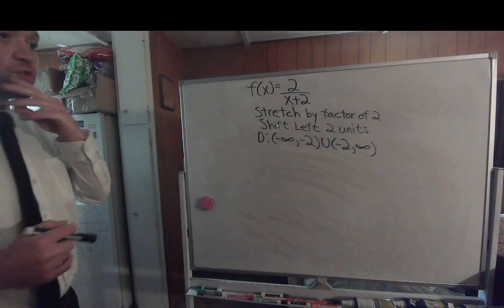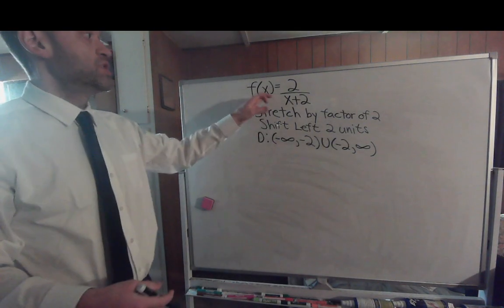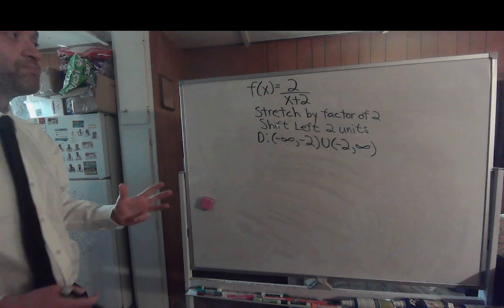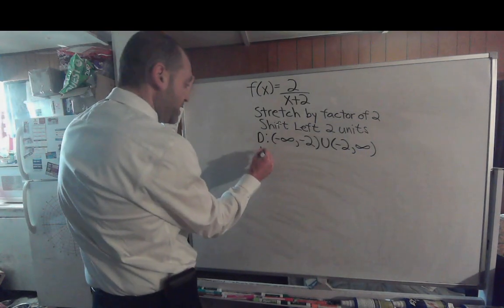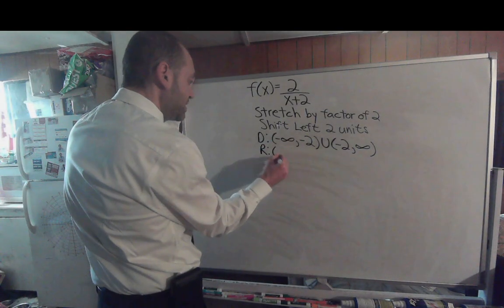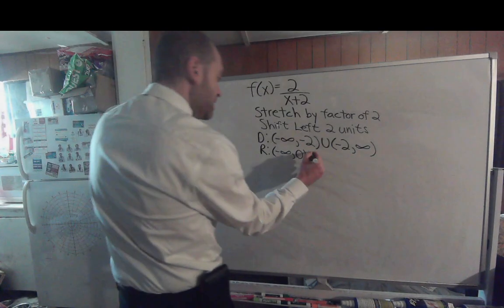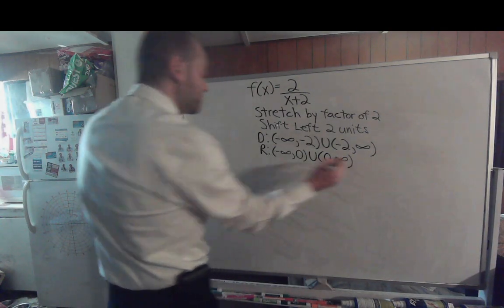Now what about your range? Your range, once again, is going to get infinitely closer and closer to 0. However, it'll never reach it. So your range would still stay from negative infinity to 0 non-inclusive in union with 0 to infinity non-inclusive.